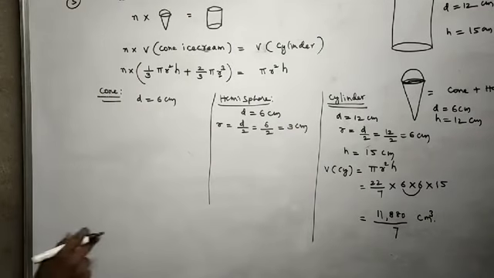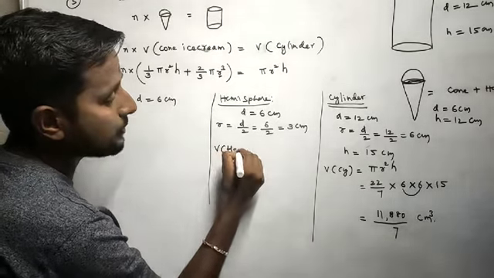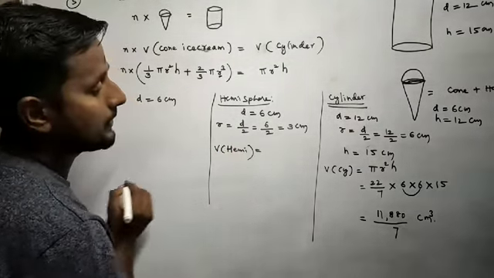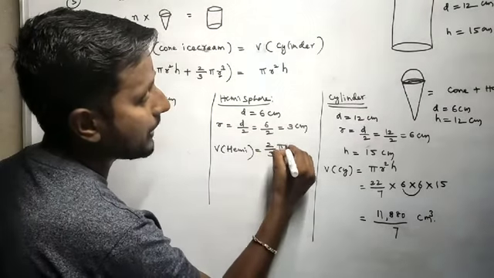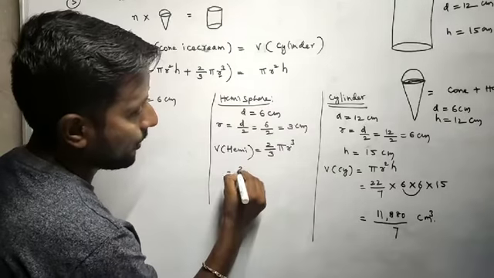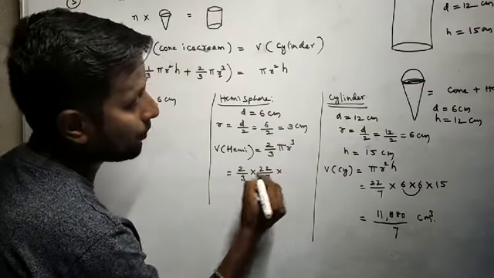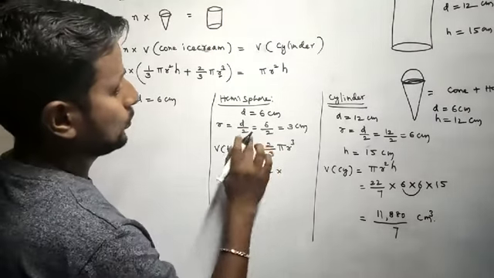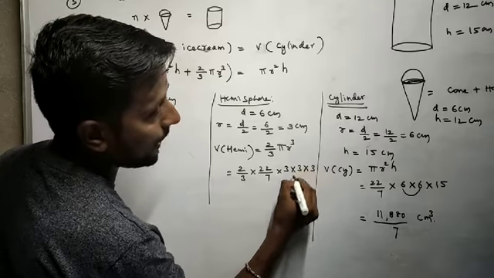Volume of hemisphere is 2 by 3 pi r cube. 2 by 3 into pi value 22 by 7 into r cube, 3 into 3 into 3.